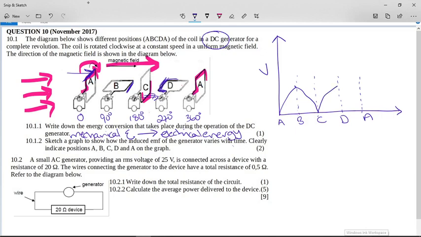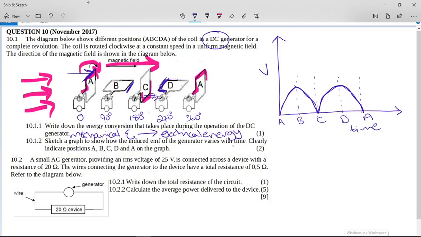So it'll come up to another maximum, and then when it returns to position A, it's not cutting the lines anymore, and it'll go to a minimum. And this is a full rotation. So just make your curve nicer and curvier than mine. It's hard with this pen to make it nice and curvy, but you need two domed hills, 90 degrees, 180, 270, 360. We forgot to label this, time, sorry.